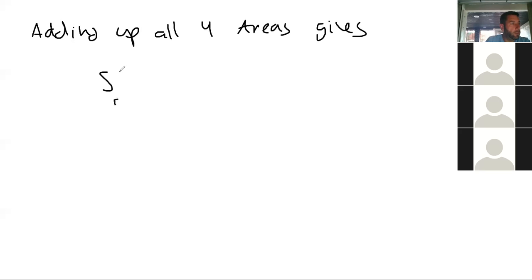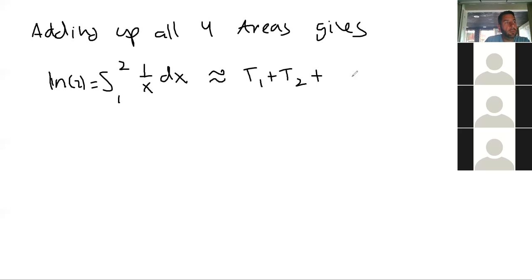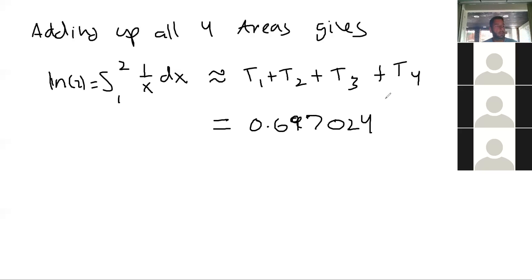It gives the integral, so the log of 2, which we know is equal to this integral, is approximately T1 plus T2 plus T3 plus T4, which if you add them up, you're going to get 0.697024 if you carry out that approximation.